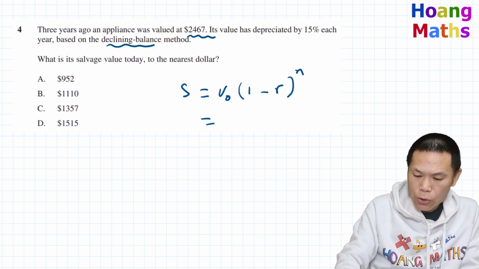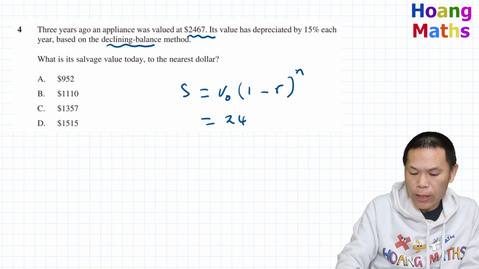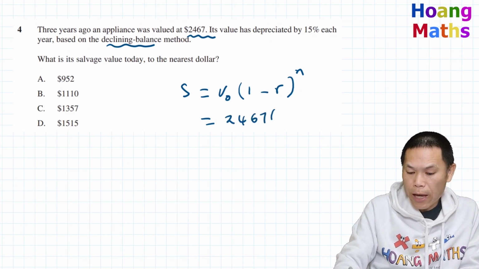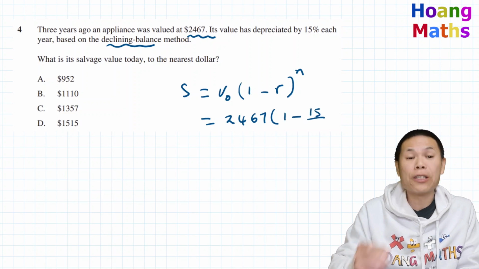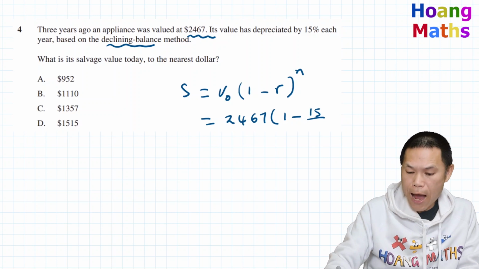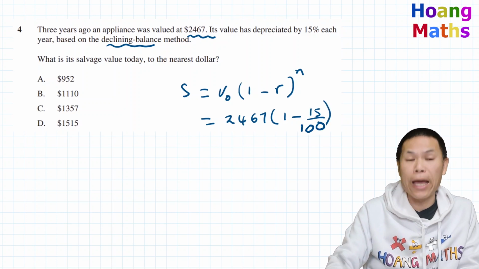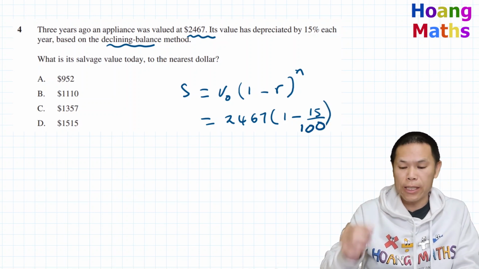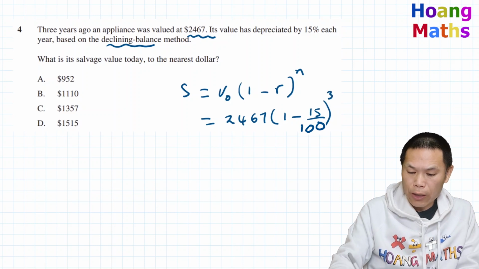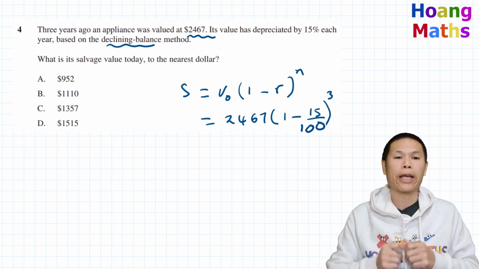Okay, so $2,467 and then we have 1 minus 15%. So 15% means 15 over 100, to the power of n. And we know that n is 3 years. So n is 3. So now what I do, I just put it on a calculator.